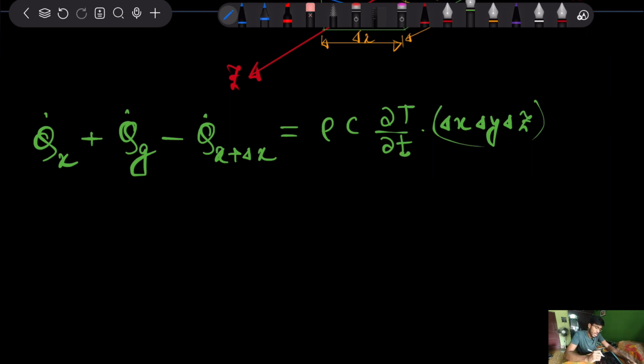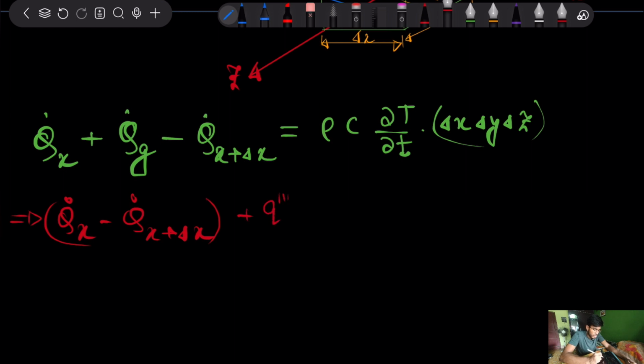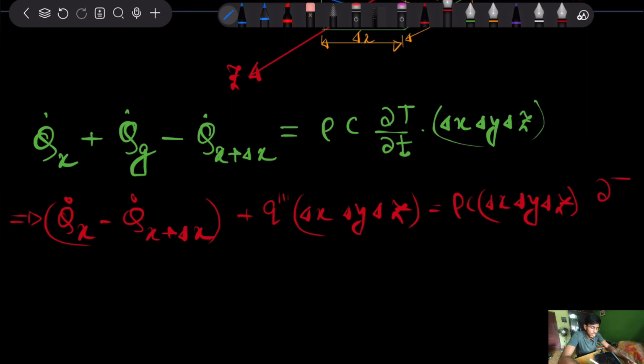Now if I write the expression for all the terms which I know, this plus this will be q triple prime into the volume delta x, delta y and delta z, and that will be equal to rho c delta x, delta y, delta z into del T del t.